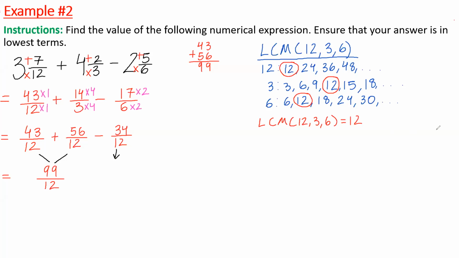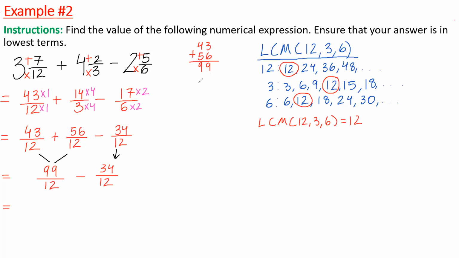Okay. Next, we have to subtract 34 over 12. And so now we have to just subtract it, right? And so 99 over 12 minus 34 over 12. We just have to subtract the numerators.